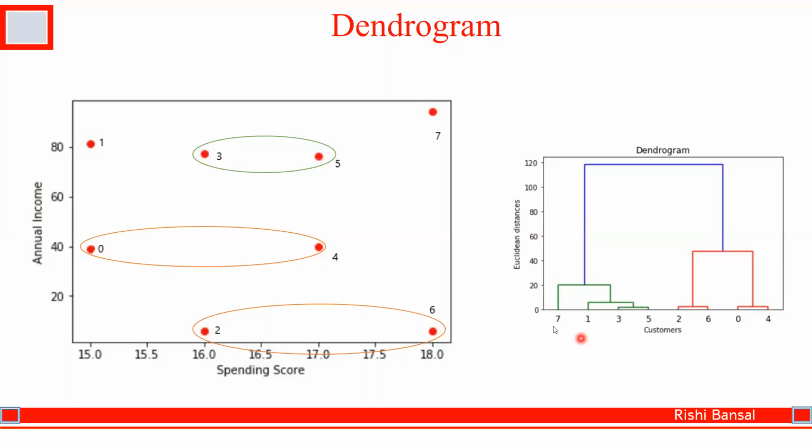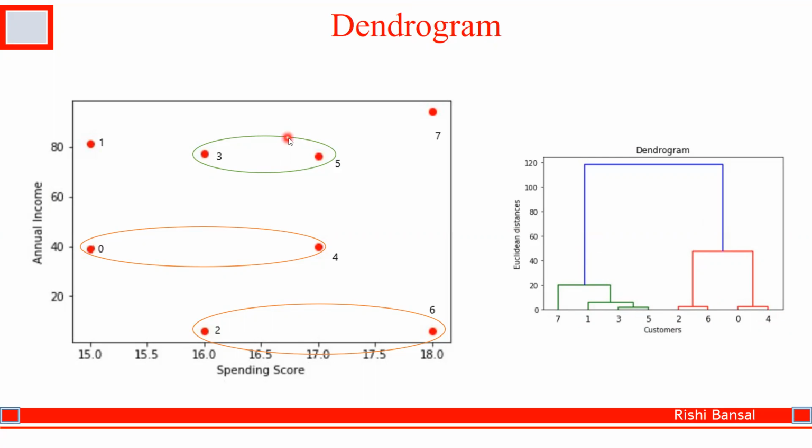Okay. Same you can see in the dendrogram also. 7 and 1 are separate. 3 and 5 are combined together till this point. 2 and 6 are combined and 0 and 4 are combined. Don't look beyond this line actually. This is the complete dendrogram.